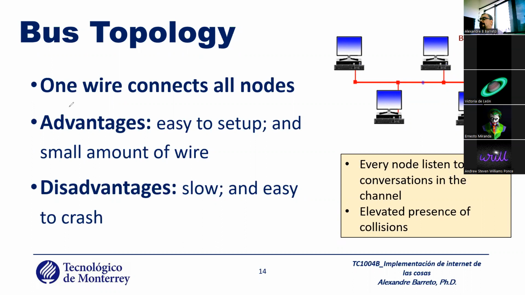But everybody inside this dark room shares the same media. For example, you are in a dark room, you cannot see anybody, and you want to talk with another guy in another place in the same dark room. You need to start to talk.